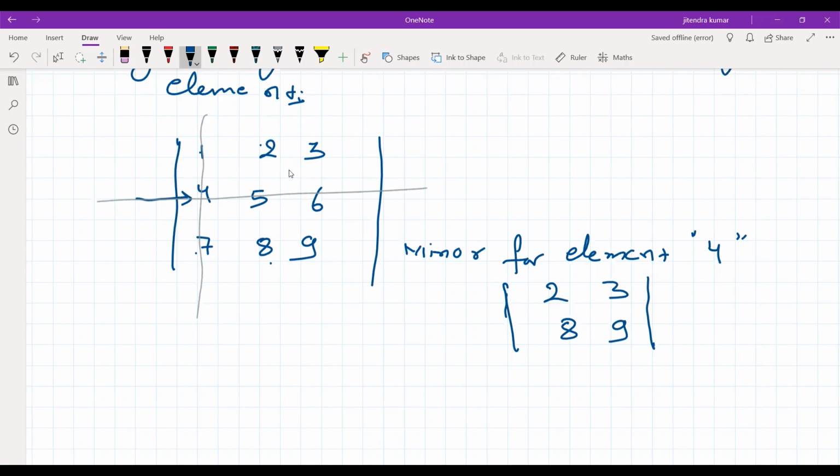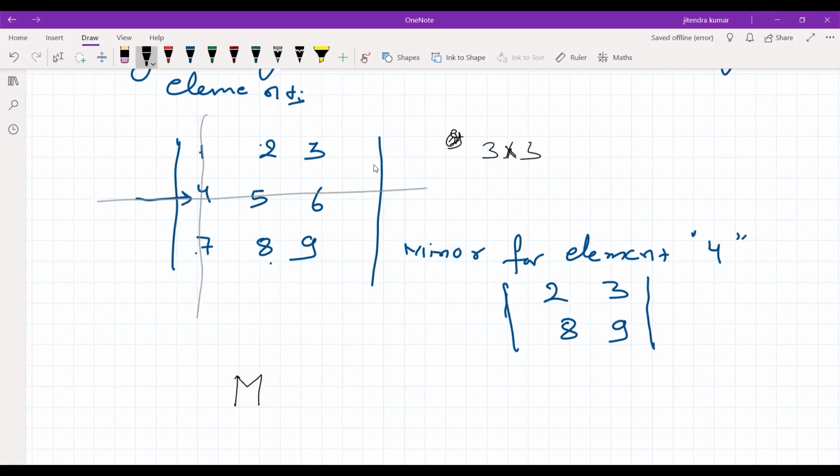Now this minor is mostly denoted by M in most books. Suppose this determinant is 3 by 3, so it will have 9 minors. For each element there will be one minor, so there will be a total of 9 minors.